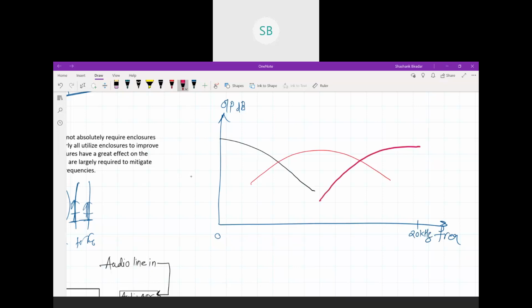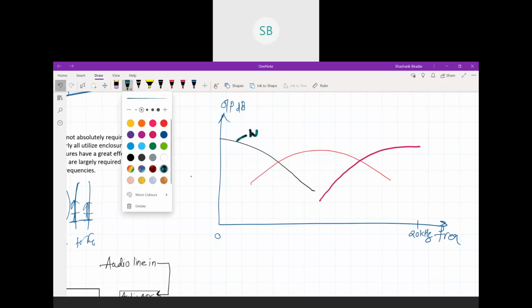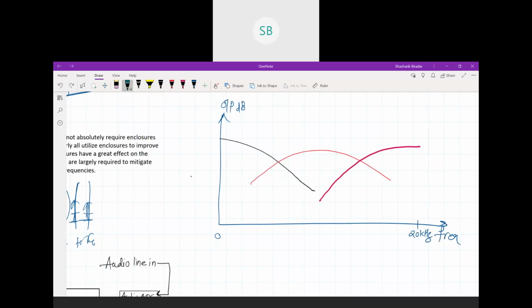This one is with regard to the woofer, this is for mid-range speakers, and these are for tweeters.